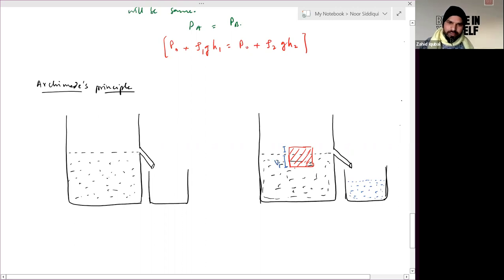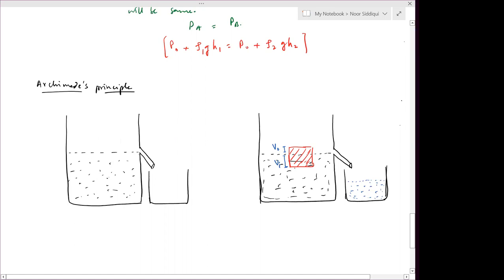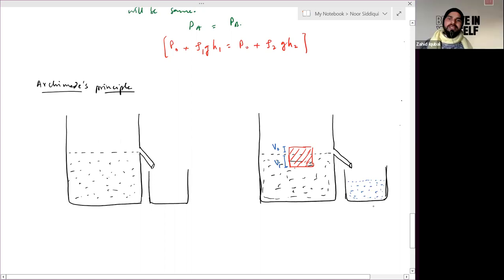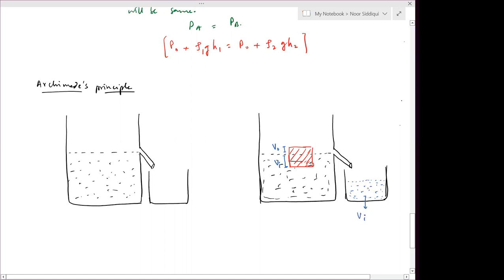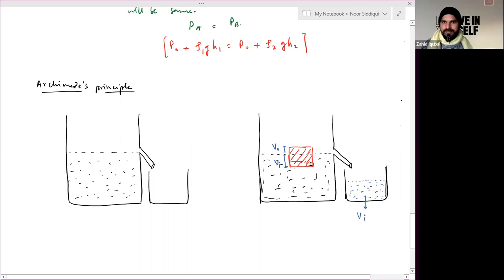So this is volume immersed, and this is volume outside. How much liquid will this object displace? Noor, any guess? The amount of volume which is inside. Good. So this must equal the volume of the object which is immersed into this vessel.